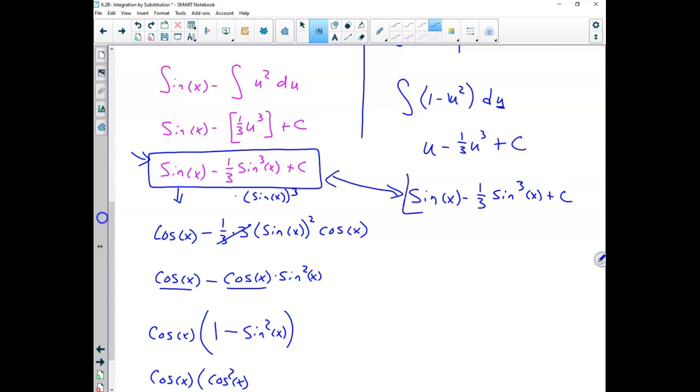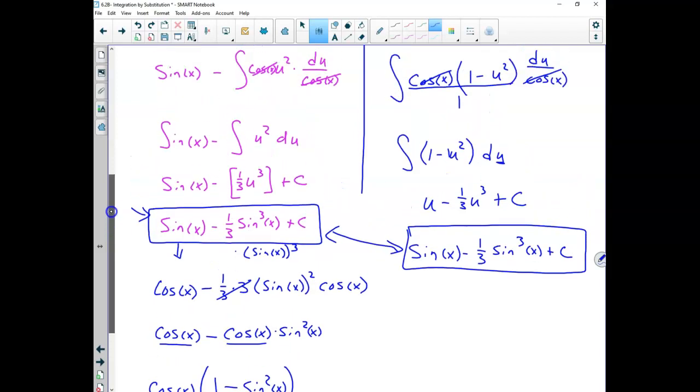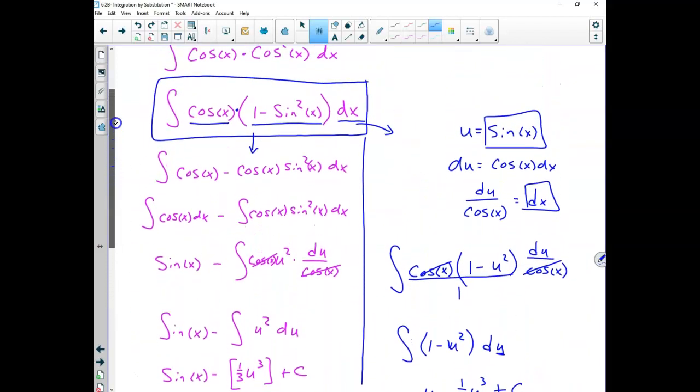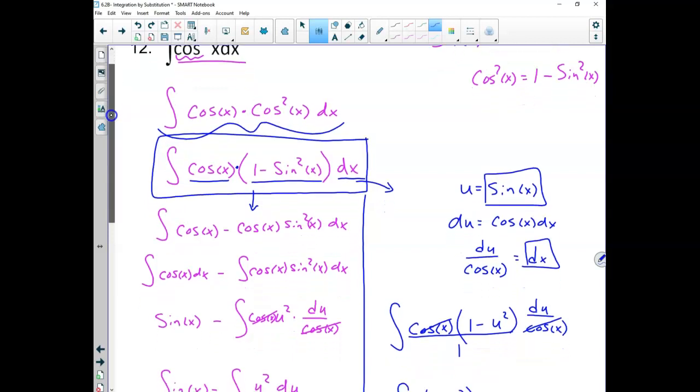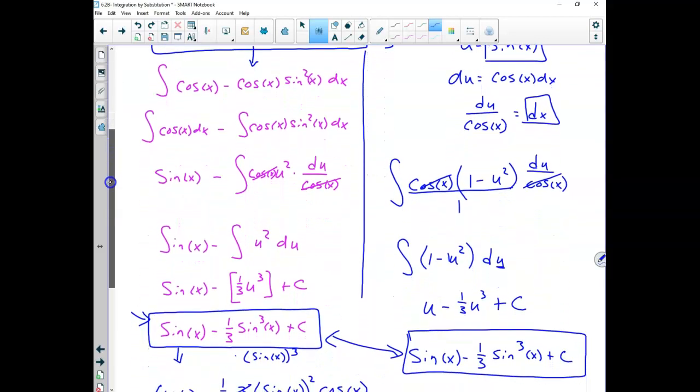Bada bing, bada boom. There's 2 different ways to substitute that, but in the end, because I don't have anything for the cosine cubed, I need to use a trig identity to break this into an integrable function, if I can terminologize it that way. But they get a little bit harder and craftier.